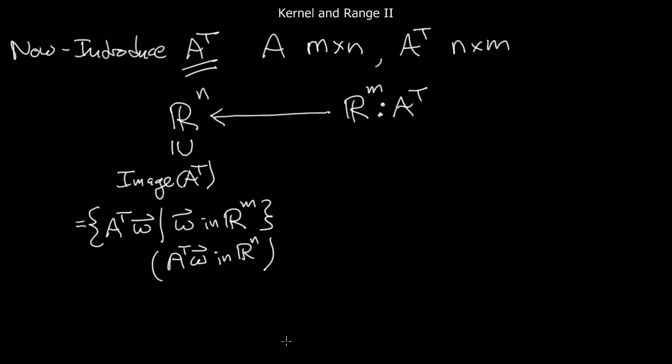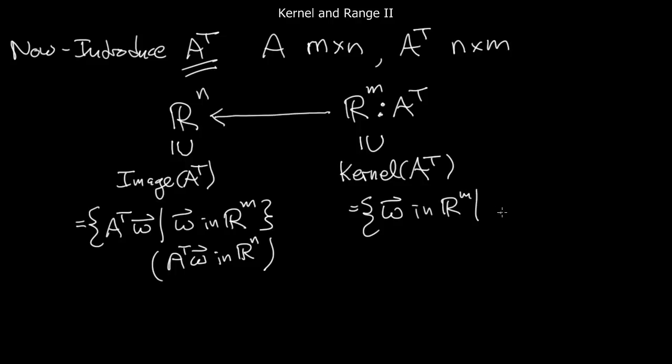That's a subspace of Rn. And similarly, the kernel of A transpose, well, that's a subspace of Rm. Those are the vectors which get taken to 0 by A transpose. So it's just exactly the same definitions as before, with A transpose in place of A.